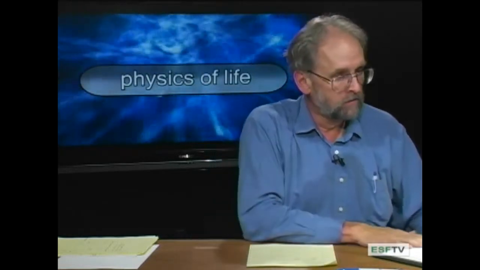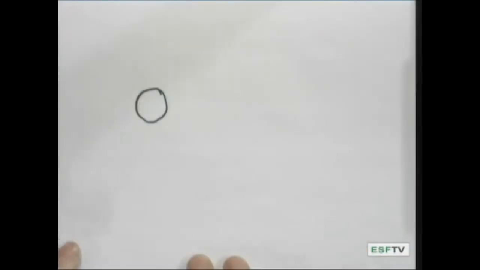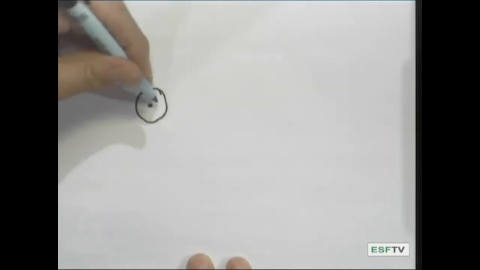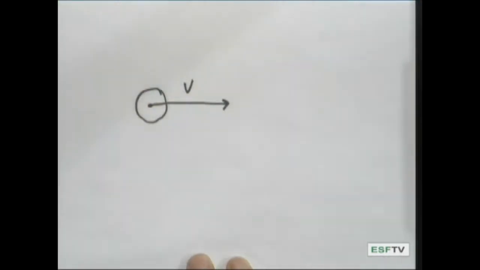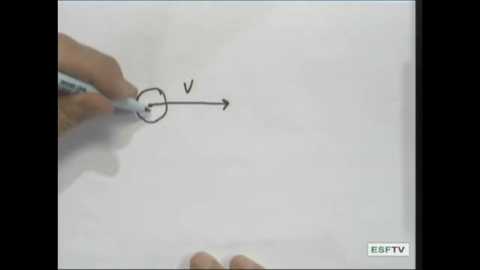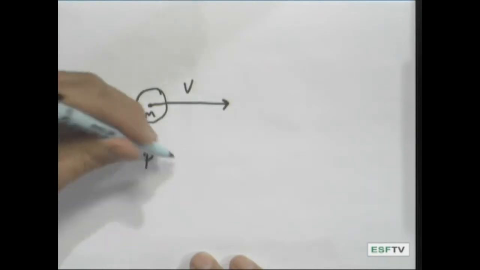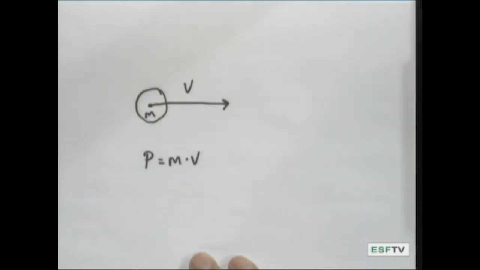Now, let's come back to our demonstration of what momentum is. You have a mass of something. It has a center to it. You have it moving under whatever influence at a particular velocity, and it has a mass, and that's going to have a momentum of mass times velocity.